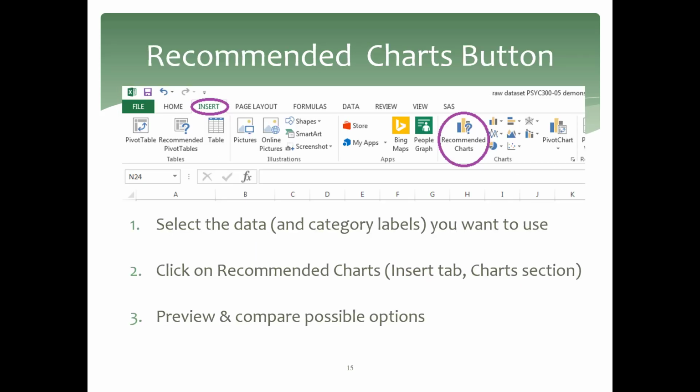Now Excel has a little friend that's the recommended charts button. And so if you feel like you want to be daring, you can always select the data and the category labels that you want to use, and then click on recommended charts, which is in the insert tab, in the charts group. And then you can preview and compare possible options.